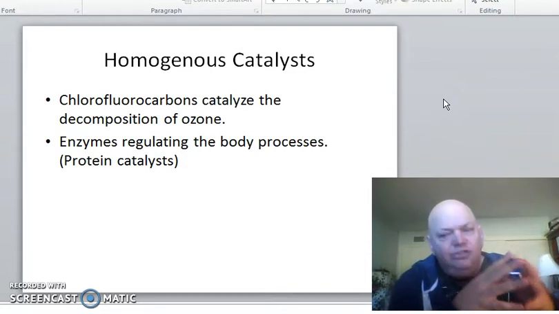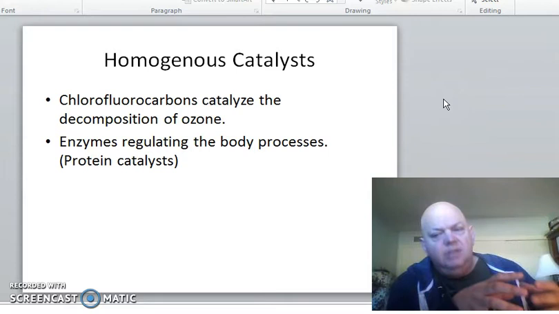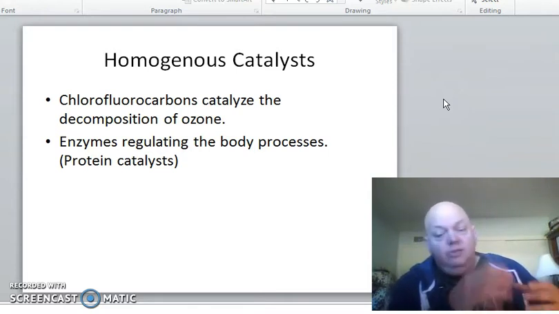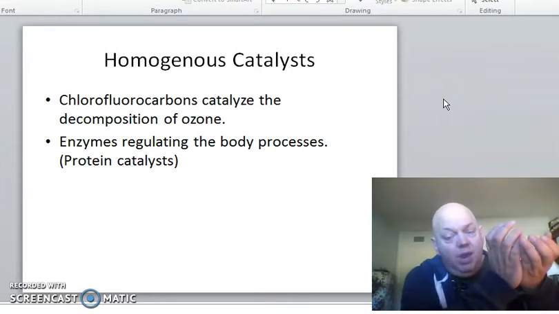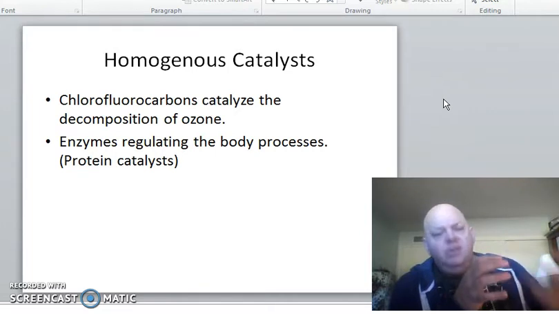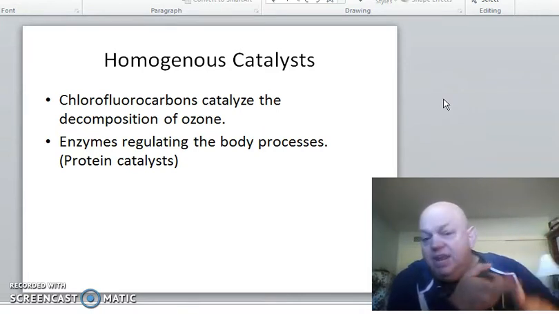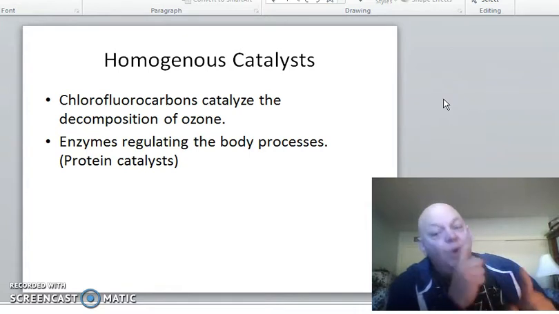Chlorofluorocarbons, also known as CFCs, typically served as a propellant in the old school spray cans. A propellant is something that pushes your spray out of the spray can. The problem is that it does damage to the ozone. But it is a homogeneous catalyst because the CFC is the same state as the ozone. Ozone is a gas. Chlorofluorocarbons are also a gas.